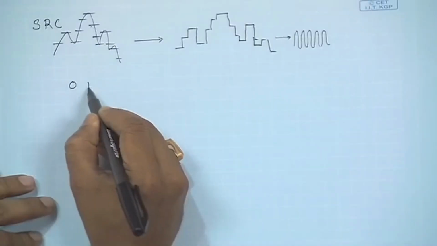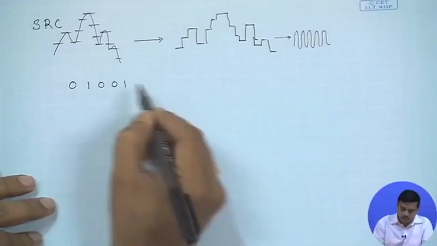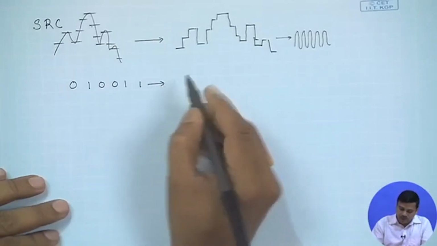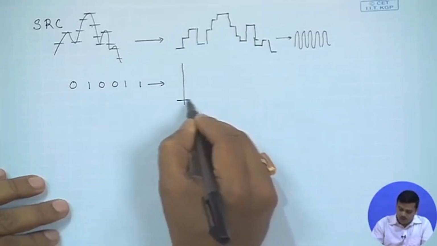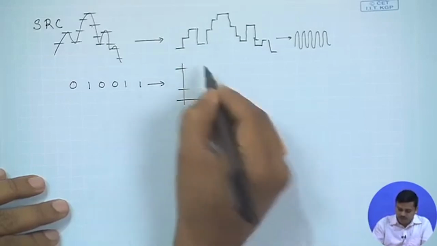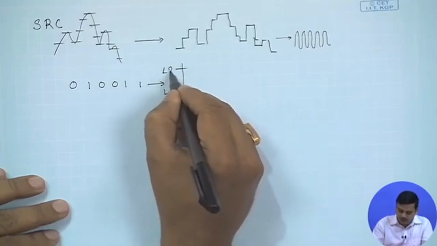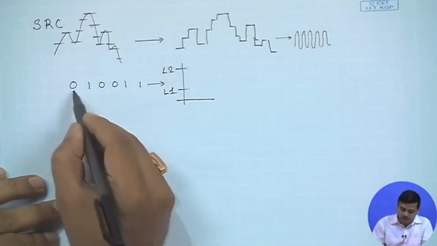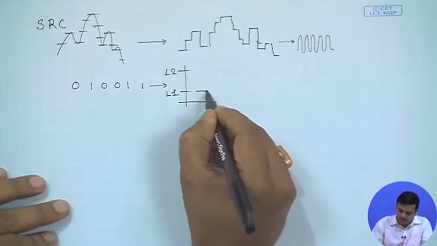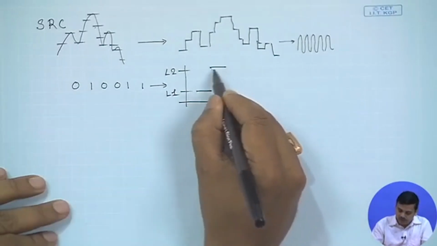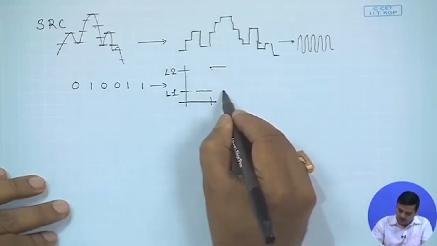Now if you have ones and zeros, you could translate these to two different levels, level 1 and level 2. Whenever you encounter a 0, you would send level 1 for a certain duration of time, whenever you get a 1 you would send level 2, and so on and so forth.